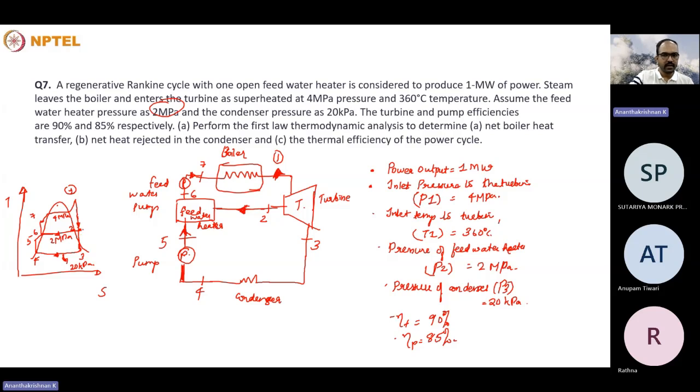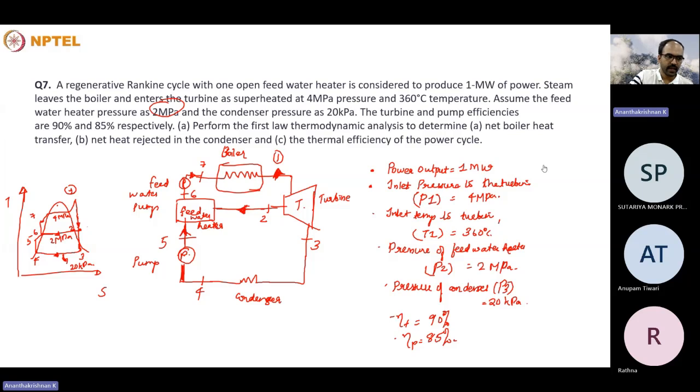That new enthalpy, we now have to make use of the turbine efficiency of 90% to determine the new state point. Once you get the new state point, that particular point's enthalpy we can calculate using this efficiency of 90%.